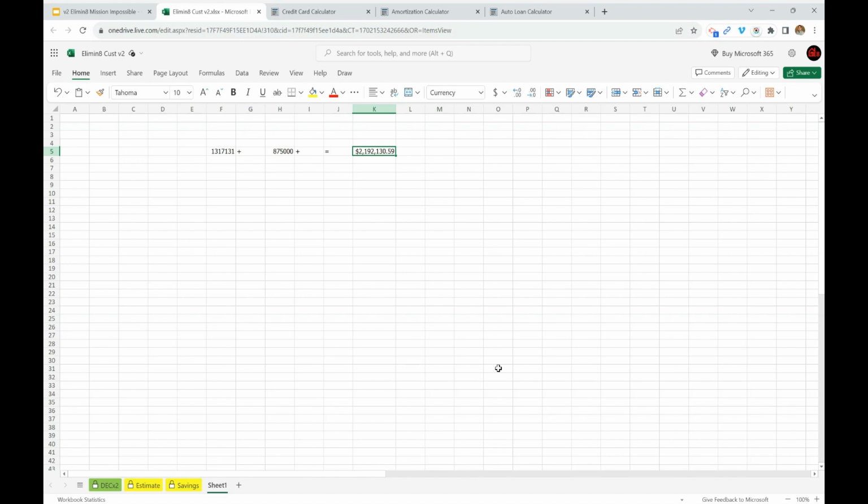Because before we talk about Eliminate, for most of you, retirement was hard to think about. But now, since we have these tools, we can actually use the bank's tools to help us get to a retirement of $2.2 million.